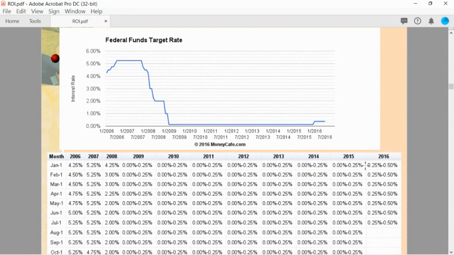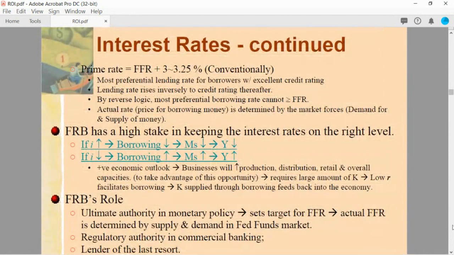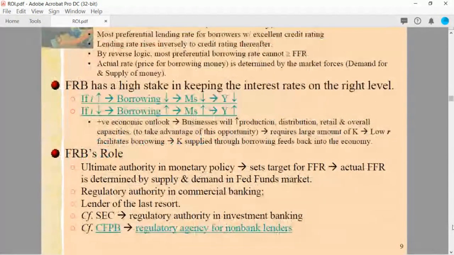The actual Fed funds rate was somewhere between 0 and 0.25, right? You cannot exactly hit the target. The target is set by the Federal Reserve, but the actual market rate could oscillate around the target rate, because it changes every day due to market transactions.